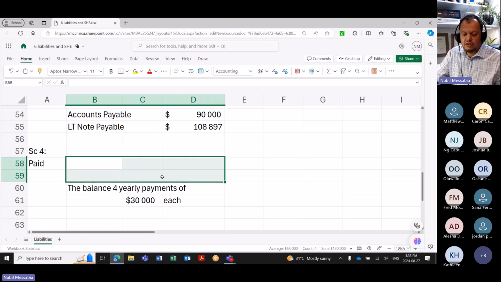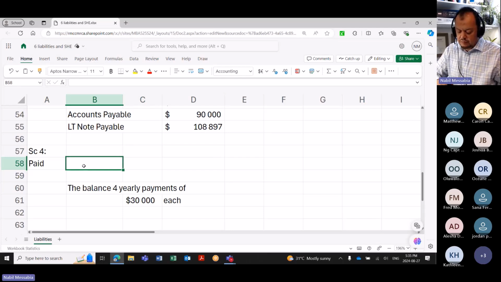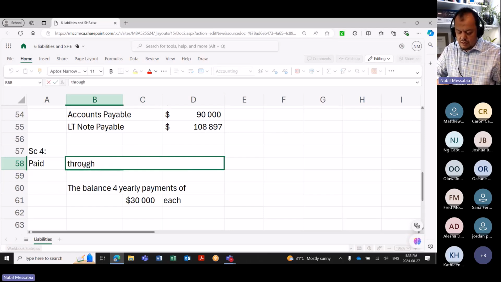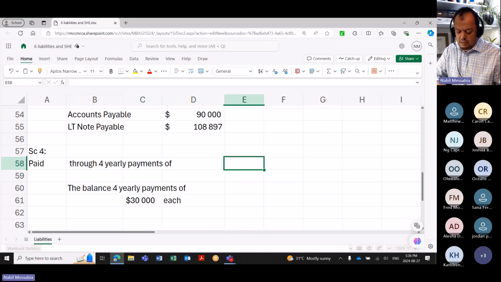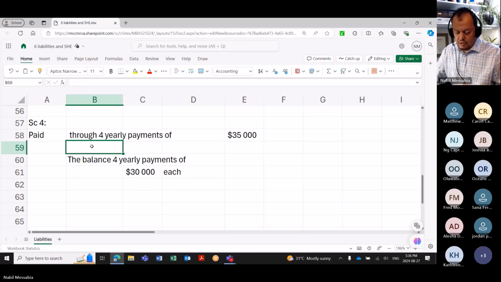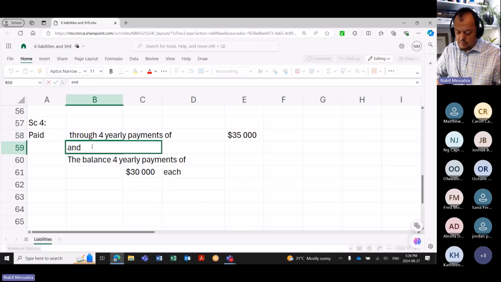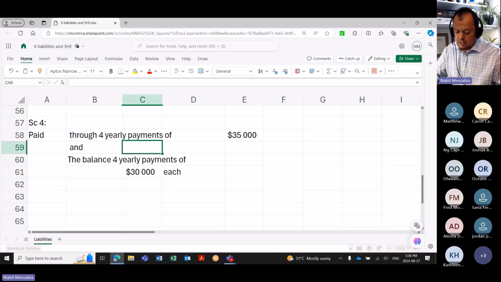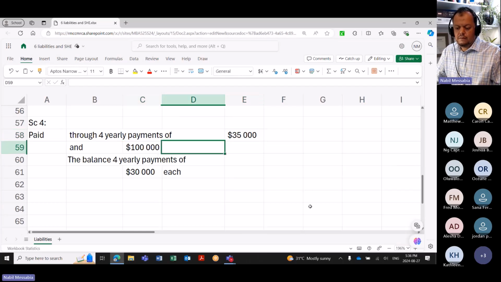Paid nothing at short term, paid through 4 yearly payments of, let's say, $35,000, and a lump, a single sum, let's say $100,000, within, okay, on the 5th year, after 5 years.